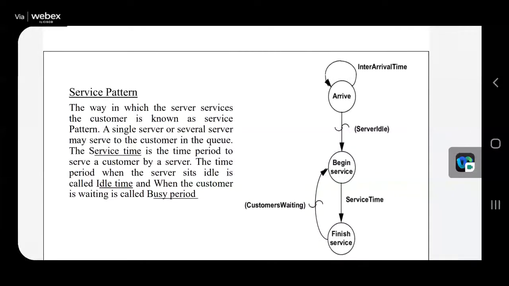That is called idle time. Once one customer is taking the service, a new one comes, then you need to wait until the service of the previously arrived customer gets over. That is called the busy period, the period in which the server is busy or engaged and there is a possibility of maintaining the queue.